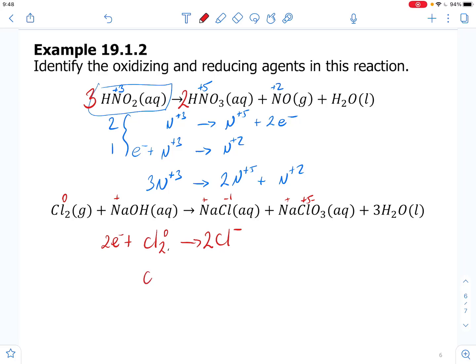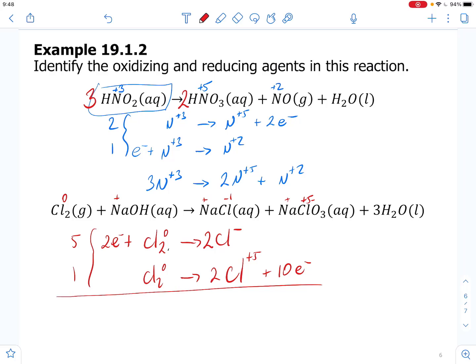And in the second case, chlorine is going to 2 chlorine +5. In order to do so, from 0 to 5, you are losing 5 electrons. You have 2 chlorine, so this is 10 electrons. Okay, so that means the first reaction you have to multiply by 5, and the second reaction you can leave as it is.